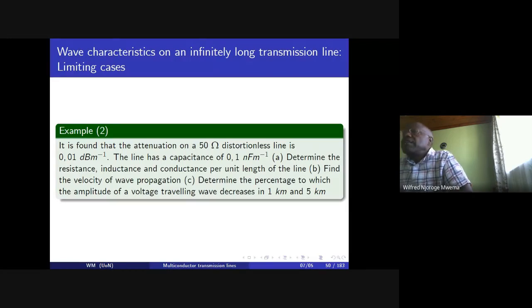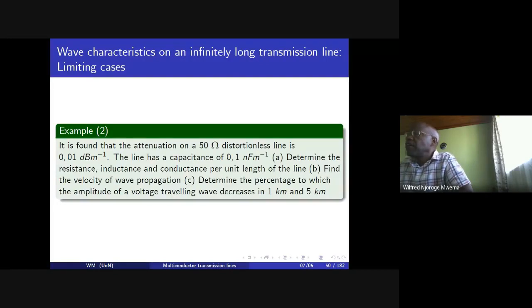Now, all the information you need has been provided. When you are told about the distortionless line, you already click in your head that all we are saying is that R prime by L prime is equal to G prime by C prime. We've been given a value for the capacitance per unit length.